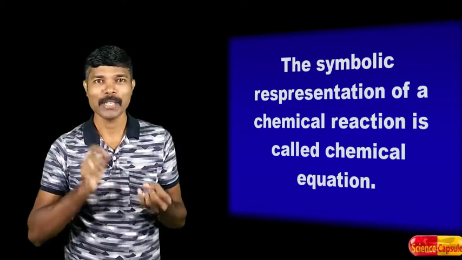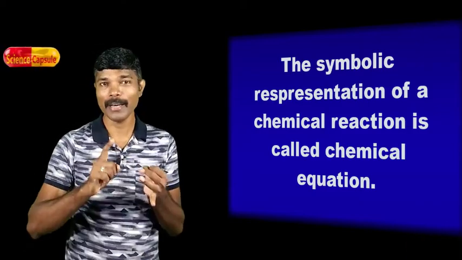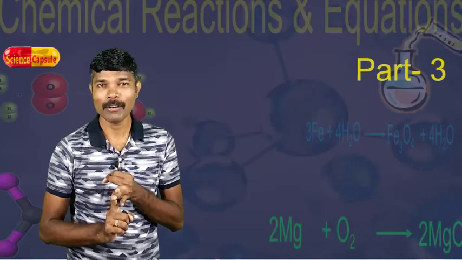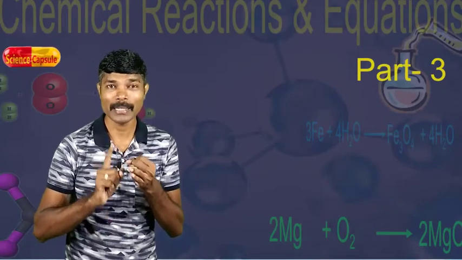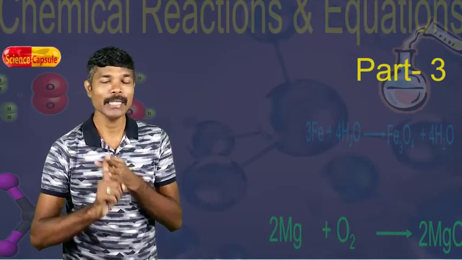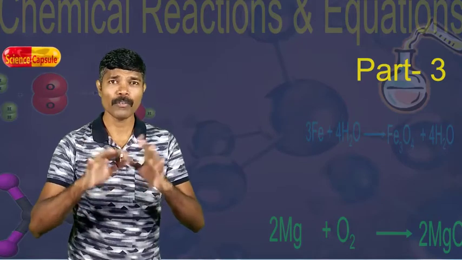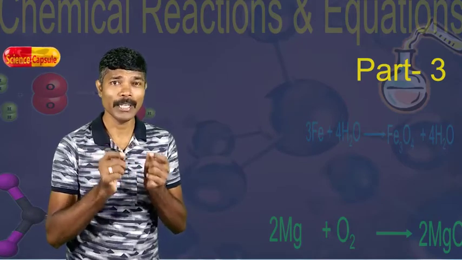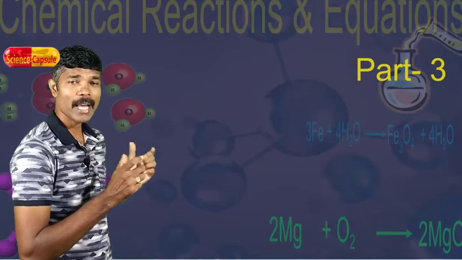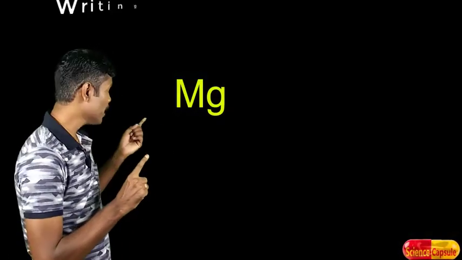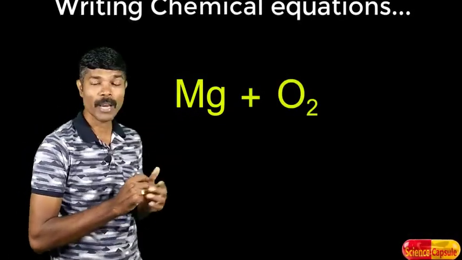Here in our case, magnesium is the one element and oxygen is one molecule of an element which are undergoing chemical change, and magnesium oxide is the product. How do we put forward all those things in a chemical equation? Here the reactants are magnesium and oxygen, so here magnesium and oxygen we have to write.